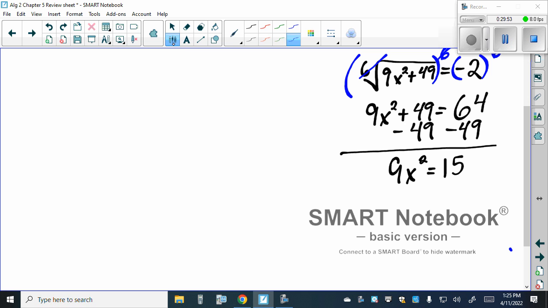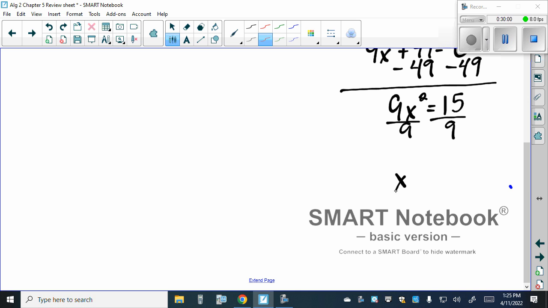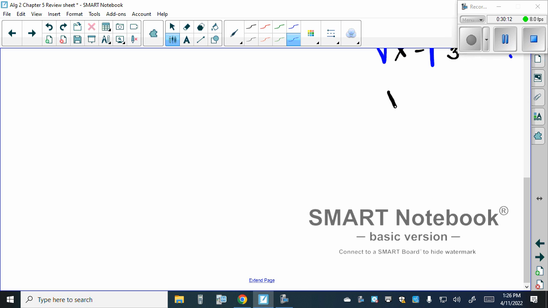Then we would divide both sides by 9, telling us that x squared is equal to 5/3. And last but not least, we can take the square root of both sides, telling us that x is equal to plus or minus the square root of 15 over 3.